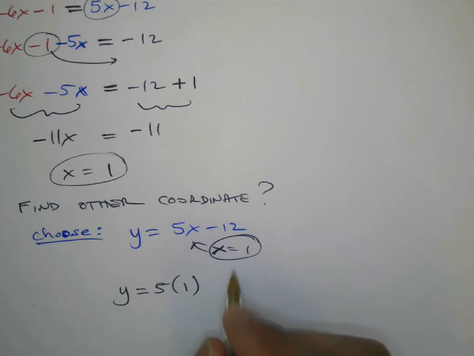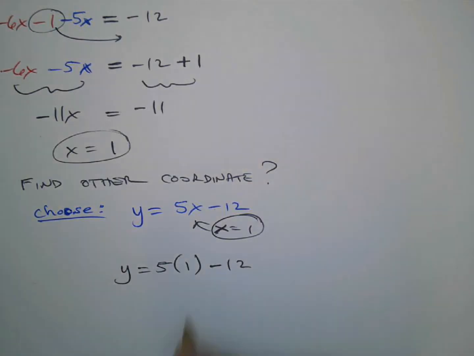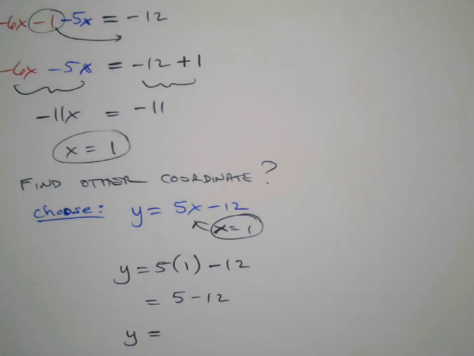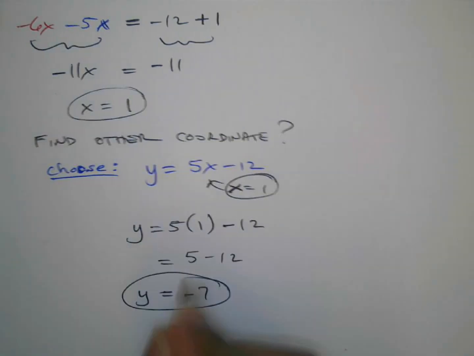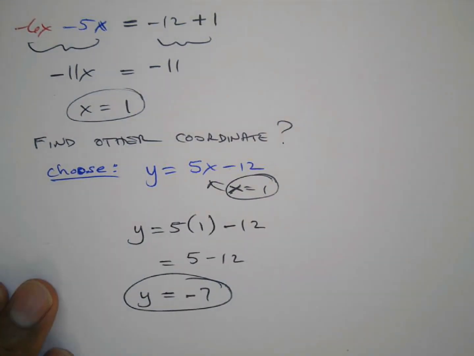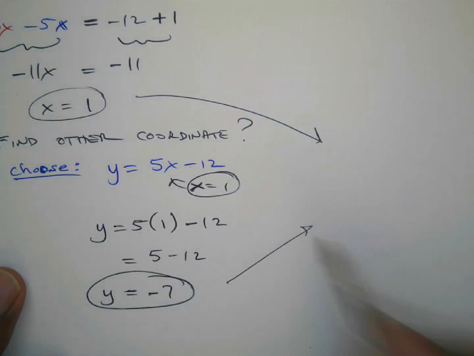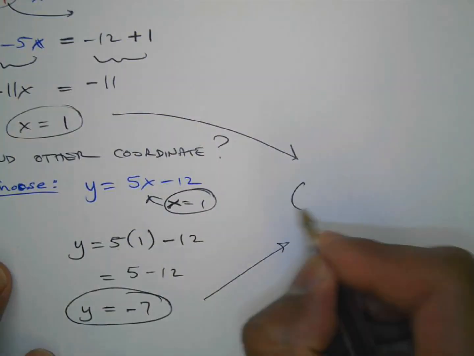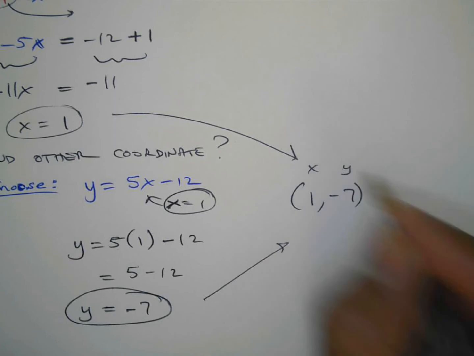Right, you substitute. And then you're going to be able to find the other coordinate. 5 times 1 is 5. 5 take away 12. y is equal to negative 7. Okay, so our solution is 1, negative 7. Remember that x goes first and then the y.